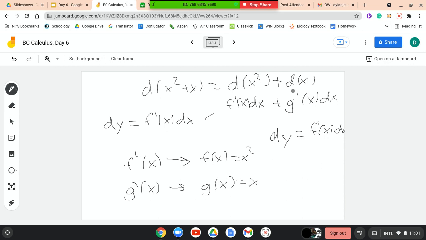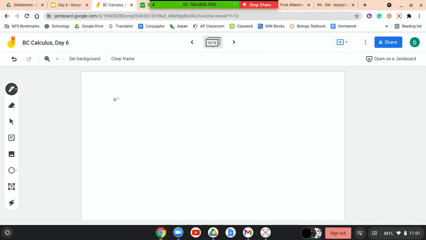That's all we're doing. We're rewriting the dy, the change to the function, as the derivative times dx, because we said it's a valid thing to do in the last slide. Cool? Yeah. Cool. All right, so finally, we're almost done. d(x squared plus x) equals f prime of x dx plus g prime of x dx, right?